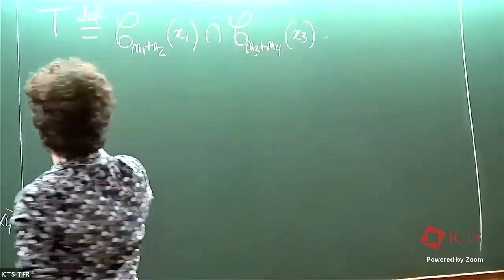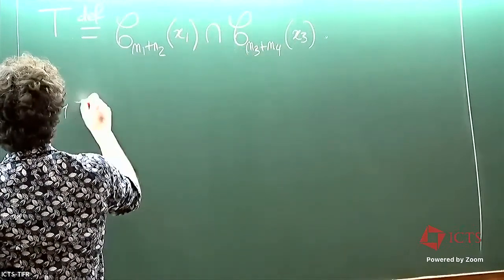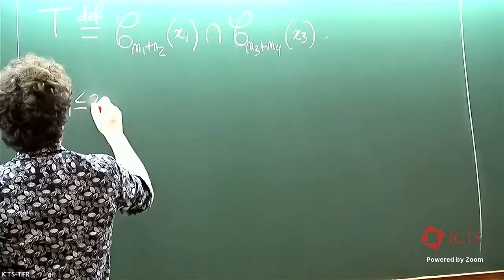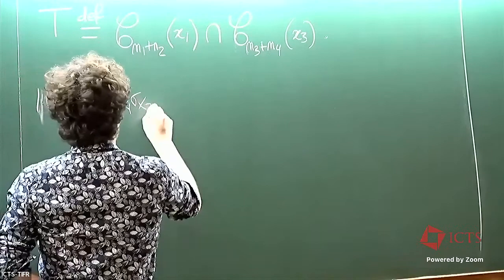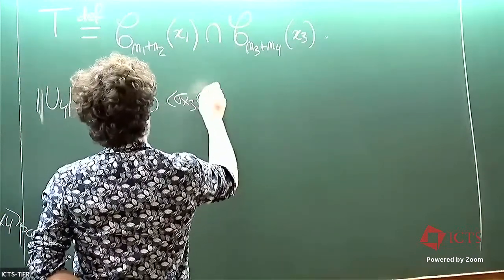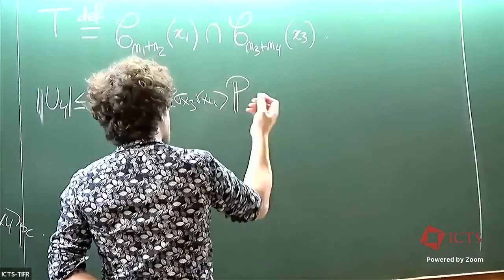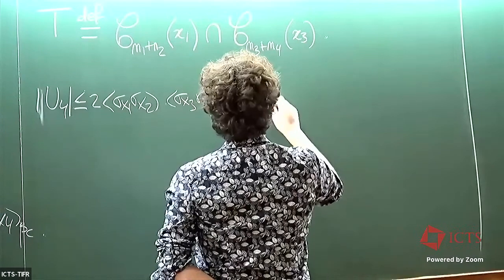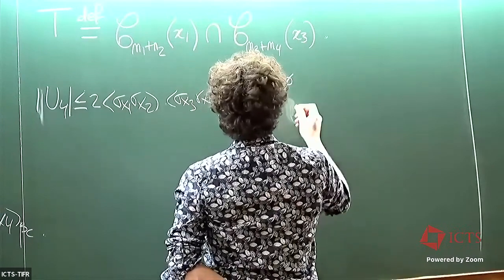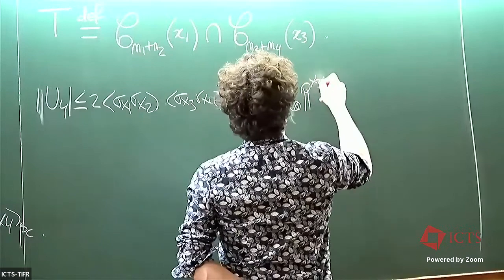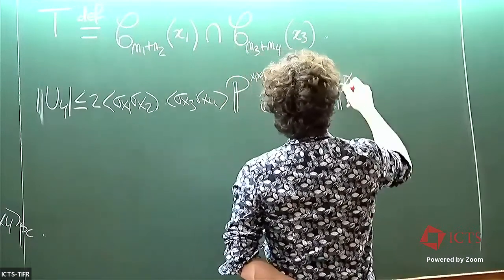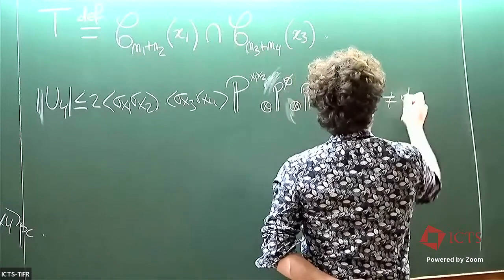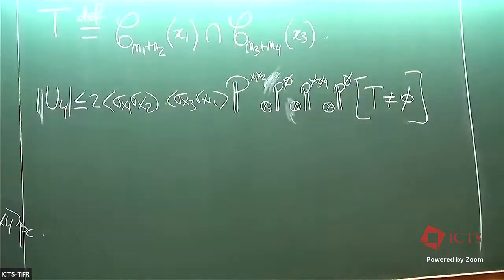And remember that basically we had that U4 is bounded by twice sigma x1, sigma x2, sigma x3, sigma x4, times this probability when I was sampling 4 currents, the probability that T was non-empty. I was looking at the probability that all the points are connected, which exactly means that T is non-empty.